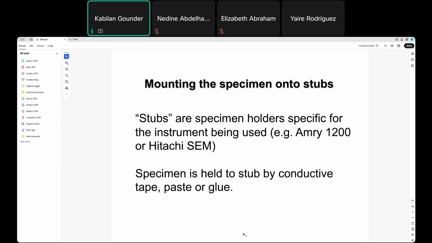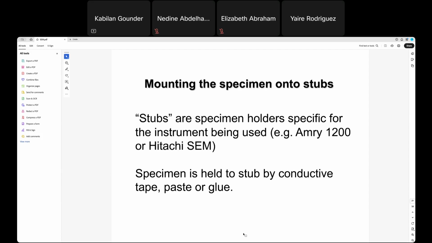Whereas in scanning electron microscopy, you process your samples and then you want to hold them, right? That part is called the stub. The stubs are specimen holders, specific for the instrument being used, so each instrument has its own stub. The specimen is held to the stub by conductive tape, paste, or glue.